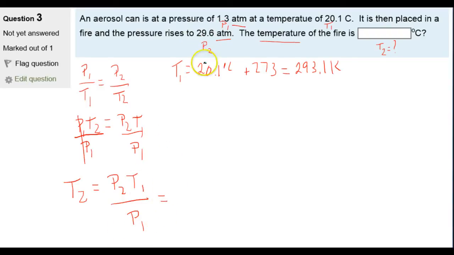P2 looks like it's going to be 29.6 atmospheres times T1, which we just figured out was 293.1 K. And we're going to divide this all by P1, which is 1.3 atmospheres.